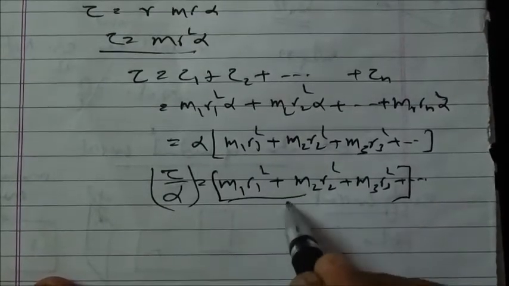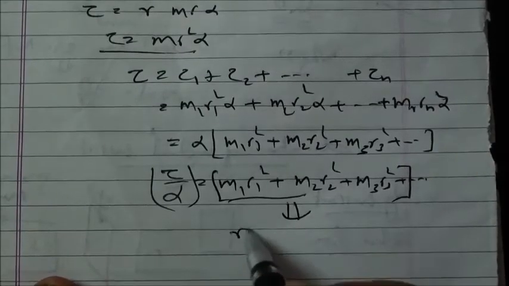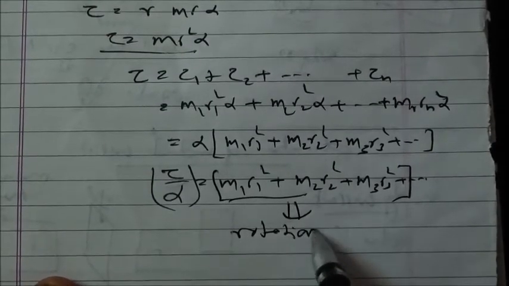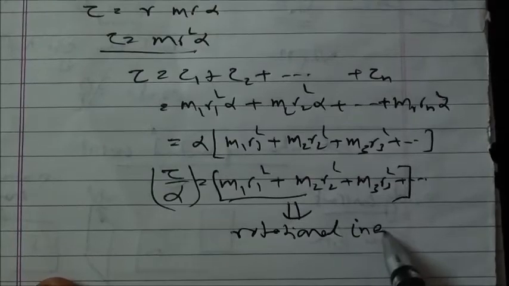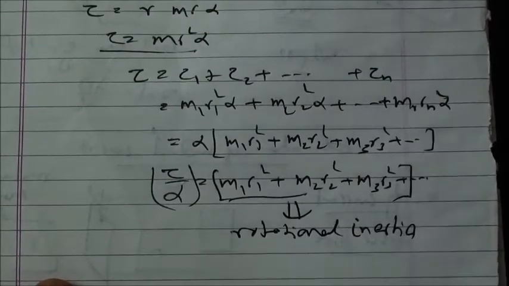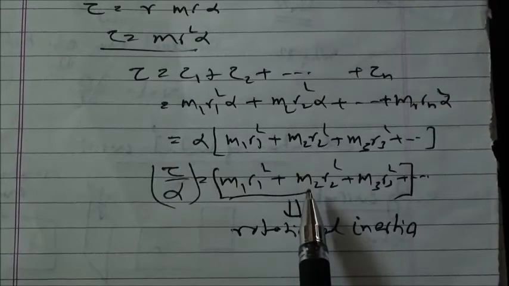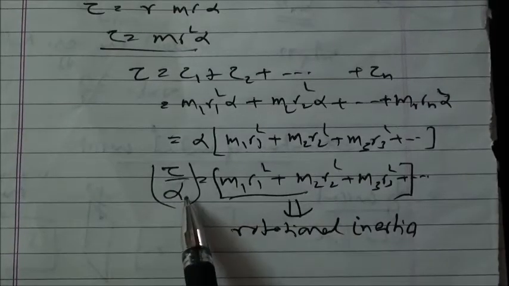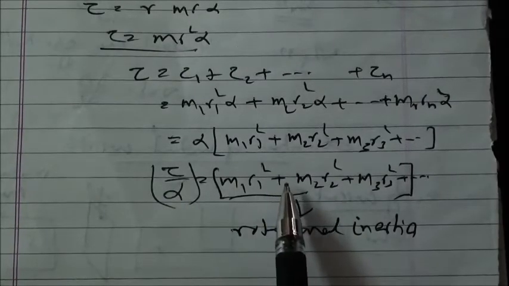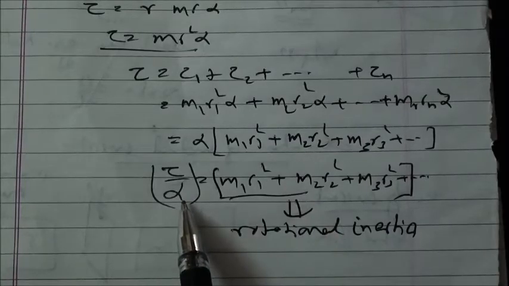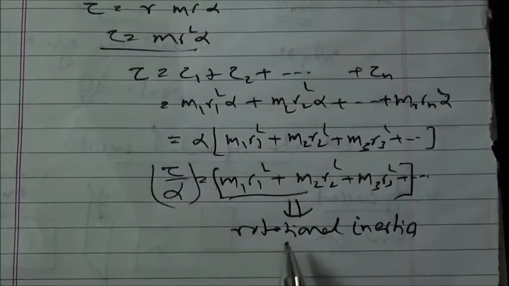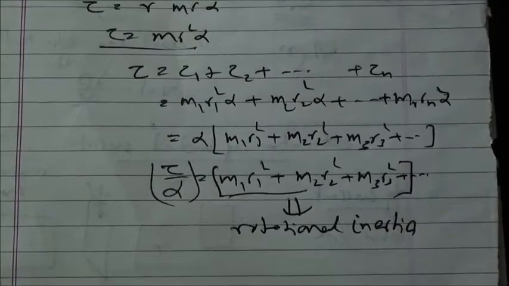So in a way, this quantity is telling us about the rotational inertia. Why inertia? Because if this quantity is less, the acceleration in the body is large, and if this quantity is large, acceleration is less.